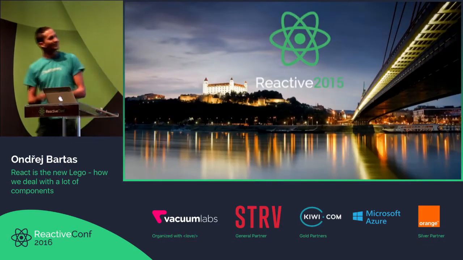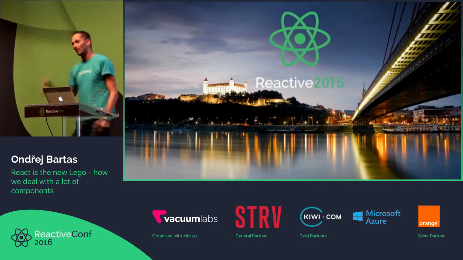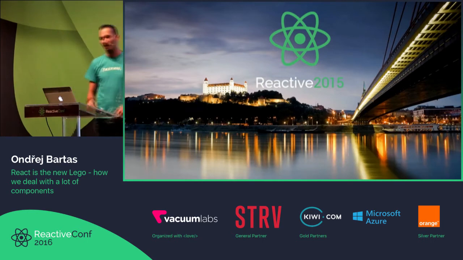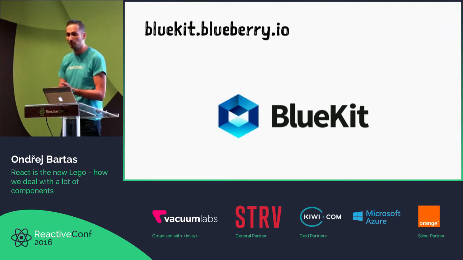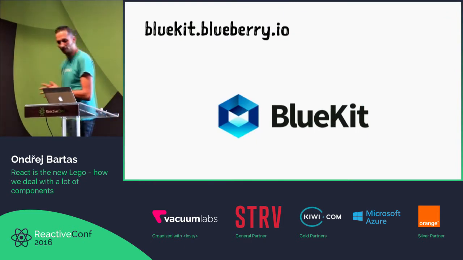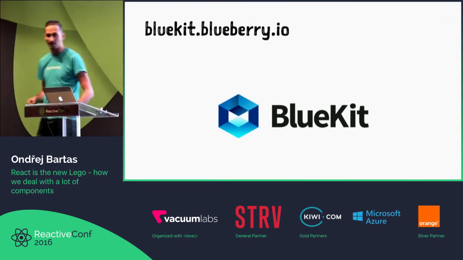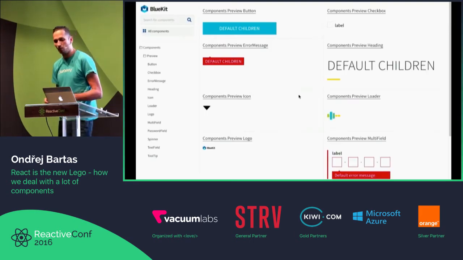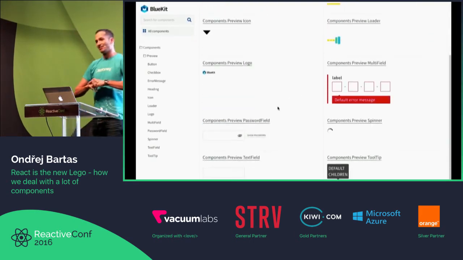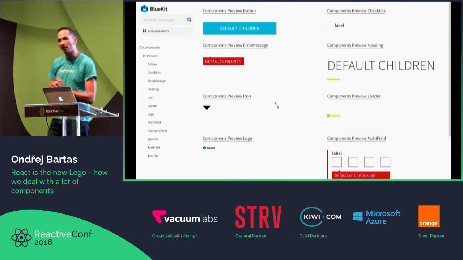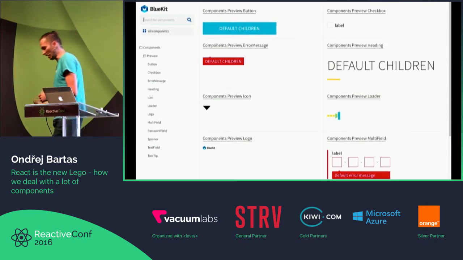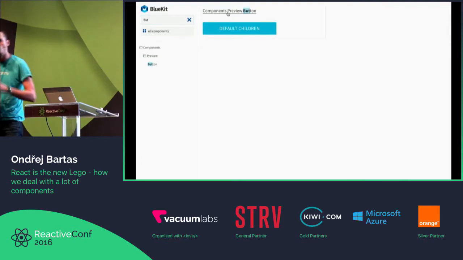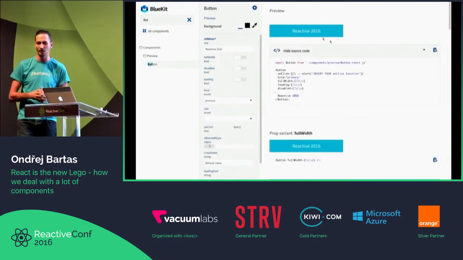And it's funny, 2015. Last year, we started to work on a prototype, and we built BlueKit, which we first introduced at our meetup like 5 months ago. BlueKit is a very simple component, which is using a gulp task, which is doing AST transformation around all the components which you have in the project.